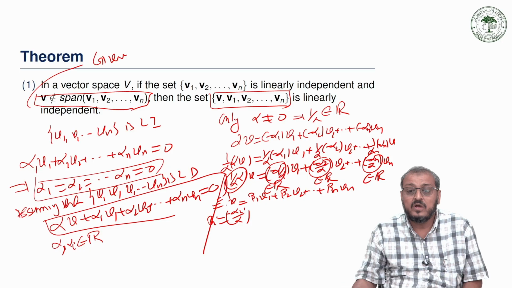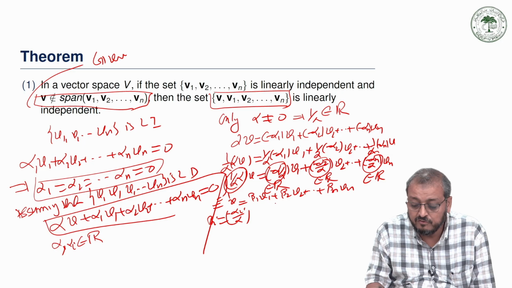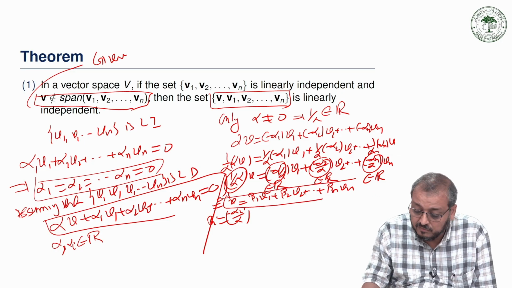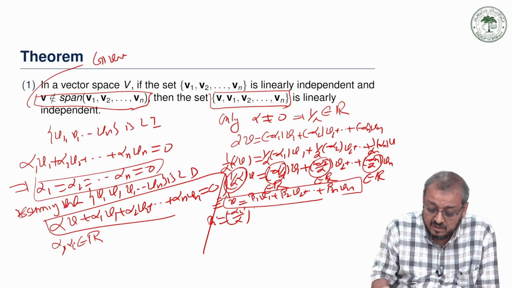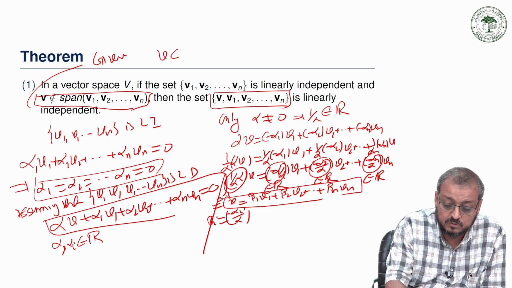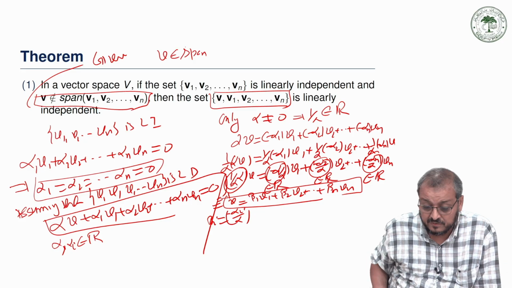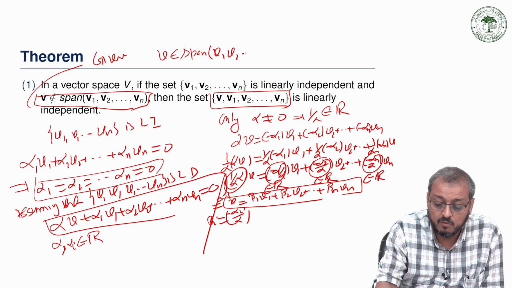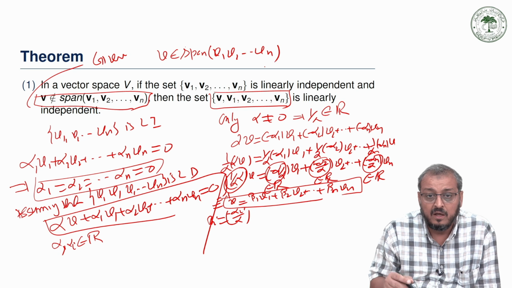This means v can be written as a finite linear combination of the elements of v1, v2, up to vn, and that means we say that v belongs to the span of v1, v2, up to vn.